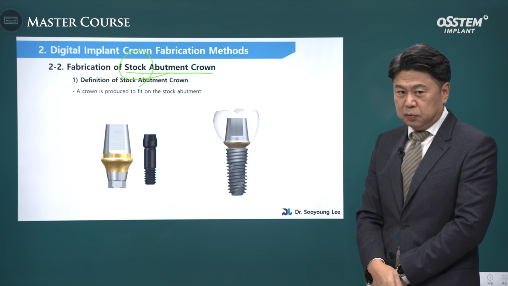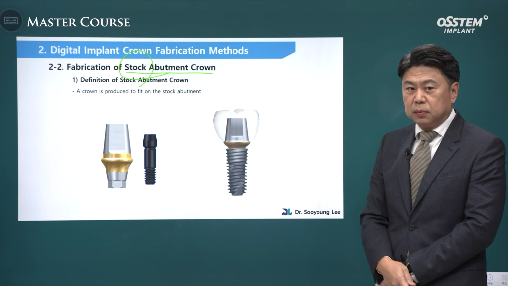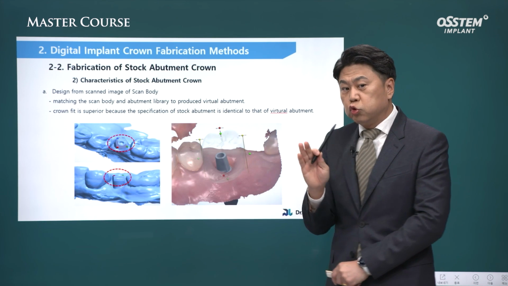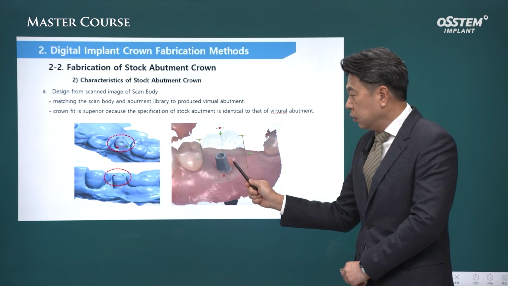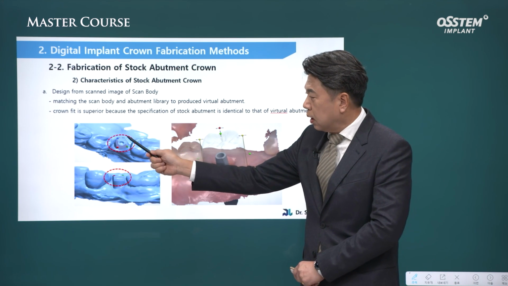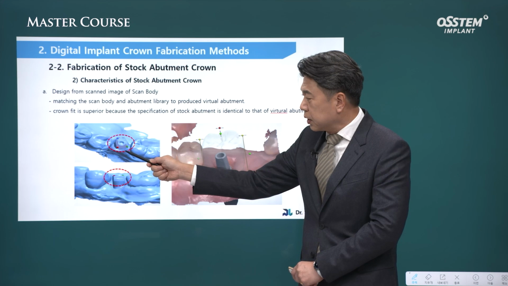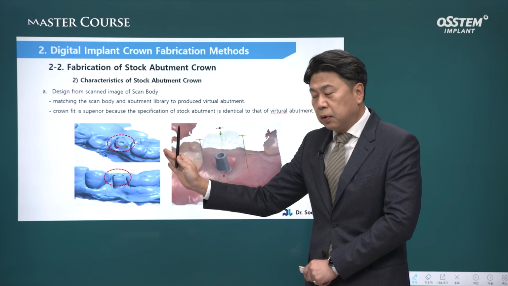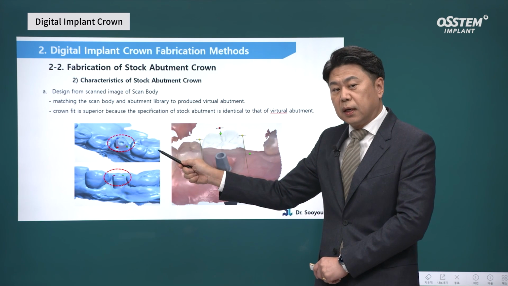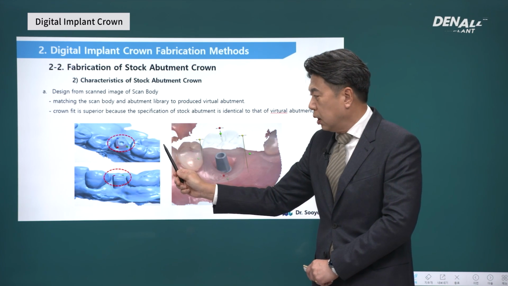Sometimes a rigid abutment, one body, can be used. There are two processes. Even though stock abutments are used, scans can be acquired using a scan body, as I showed you before when I discussed the fabrication of custom abutments. Actually, we do this quite often.